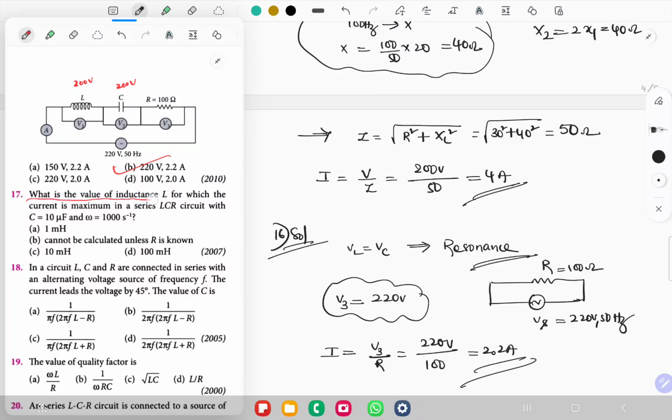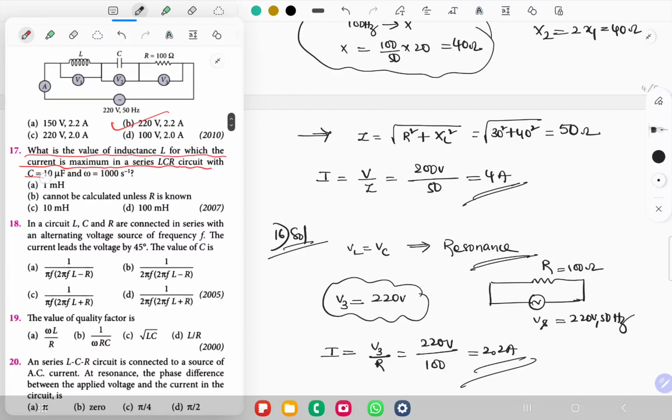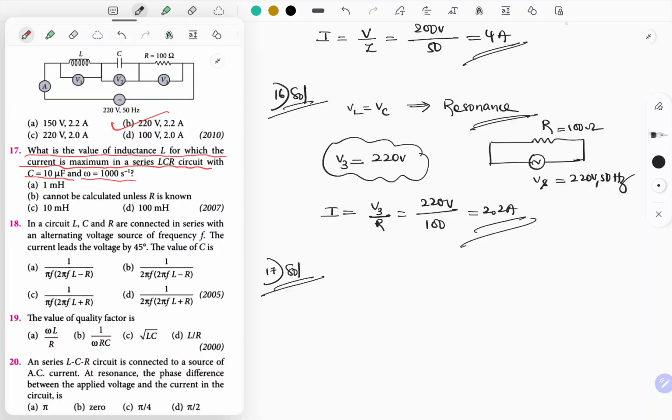What is the value of inductance L for which the current is maximum in a series LCR circuit with capacitance C equal to 10 microfarad and omega 1000 per second? Maximum current can be read in this circuit if XL is equal to XC. That means only resistance will be there. Impedance completely reduces.